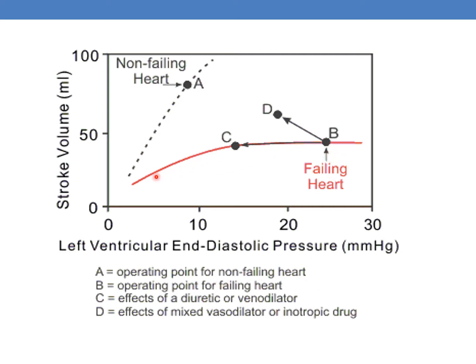The red line indicates a failing heart. C is the effect of diuretic or venodilator on the failing heart, and D is the effect of mixed vasodilator or inotropic agents on the failing heart. We will be discussing this graph in further sessions.